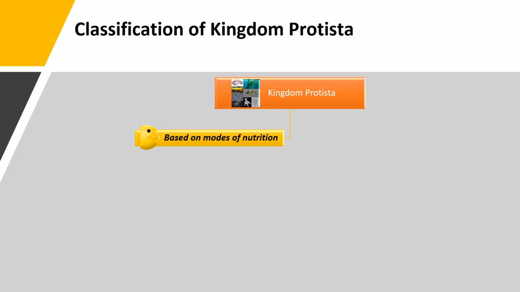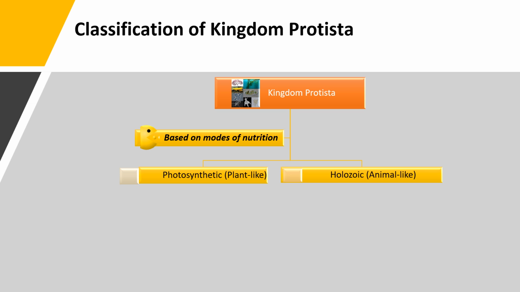Okay, now let's take a look at the classification of Kingdom Protista. Kingdom Protista can be divided into two groups based on the modes of nutrition. It means how they obtain food. First, photosynthetic or plant-like, which means that it obtains food by undergoing photosynthesis.